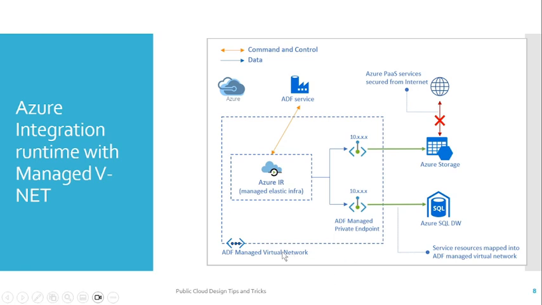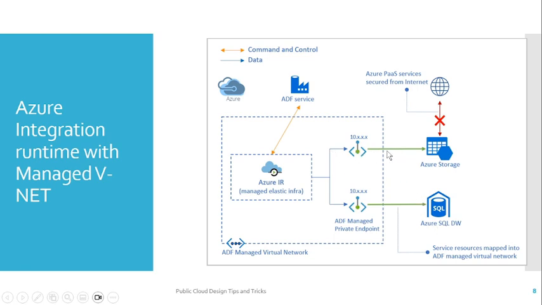In this ADF managed virtual network, the command and control plane gives the instructions to the Azure integration runtime, and from this integration runtime, via an ADF managed private endpoint, you can interact with your data stores, that means your Azure storage account or SQL database, and the connection is completely secure.